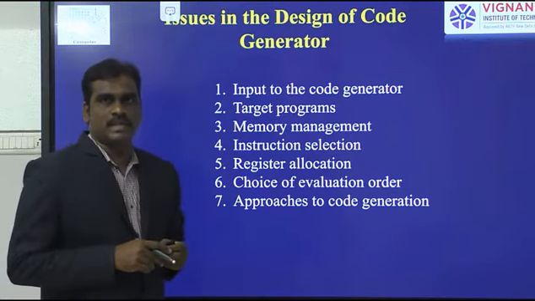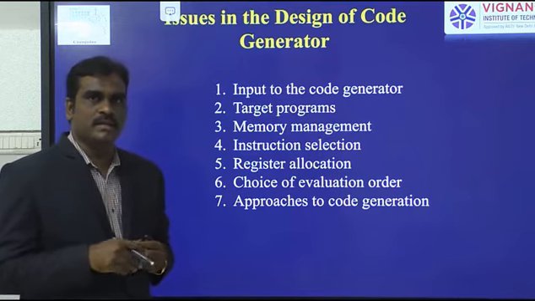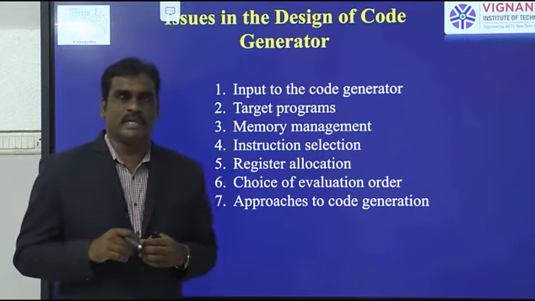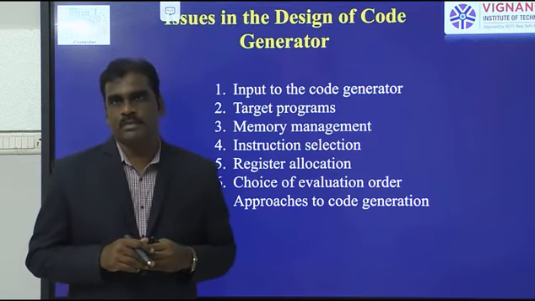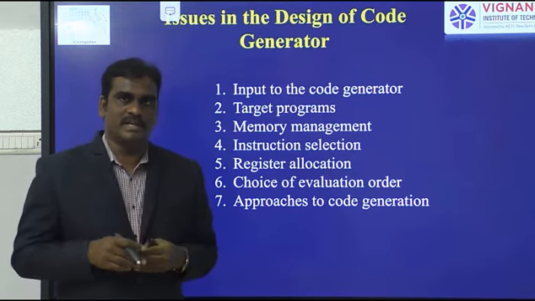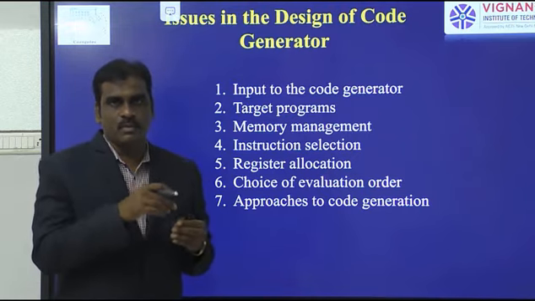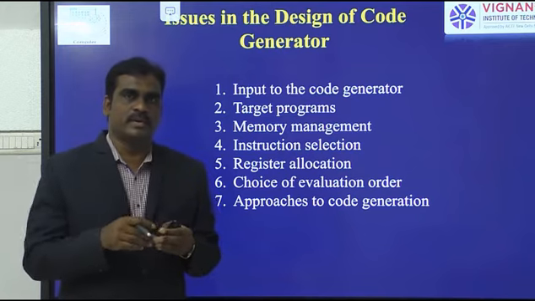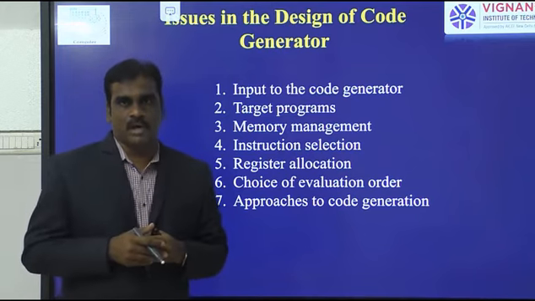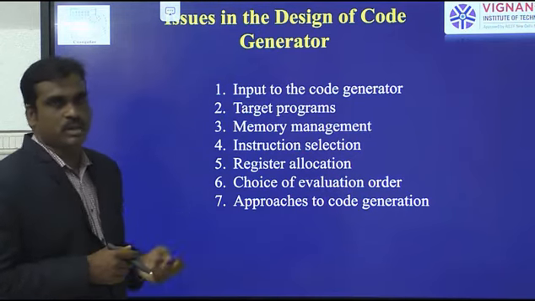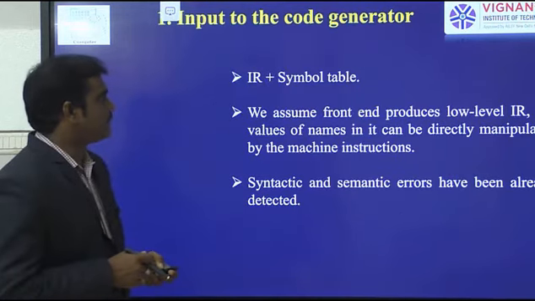All of you know that we have a total of 6 phases. Out of these 6 phases, the last one is the code generator. Here we will see what the input to the code generator is, and what type of output the code generator produces. The first one is input to the code generator.